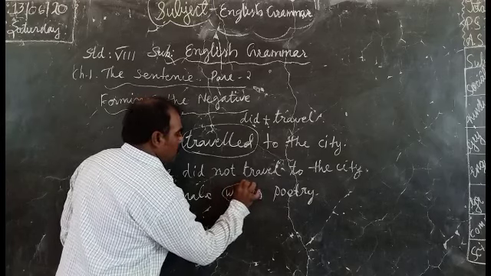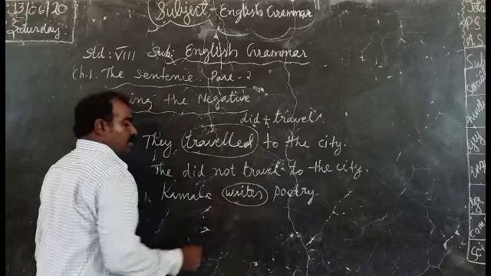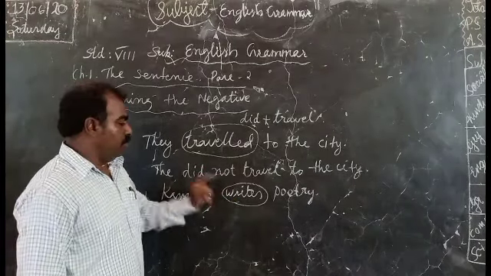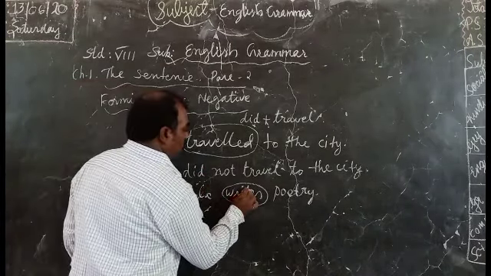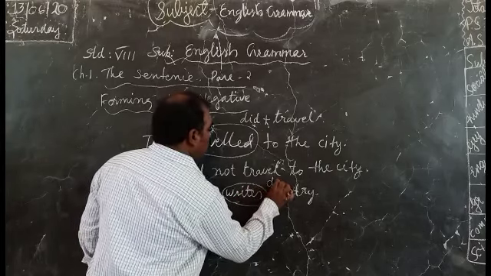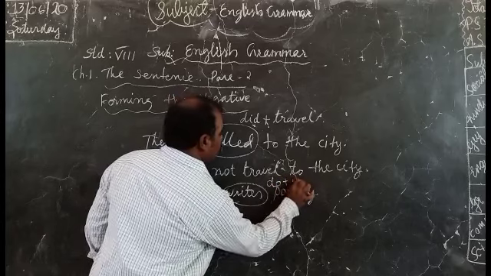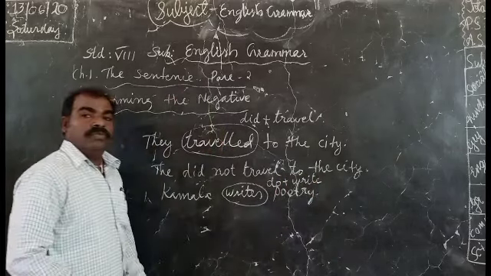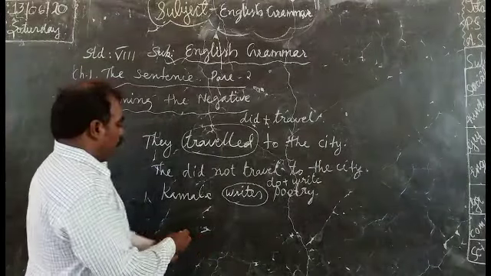Look at this verb, writes. What tense is it? It is present tense, simple present. So how to divide? Do plus write. This is how we divide this verb.